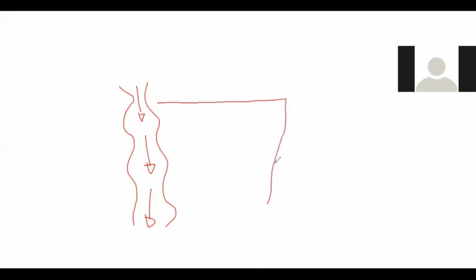Let's say this is a river flowing water in this direction. Now we have a piece of land. I'm going to do an experiment in this piece of land.